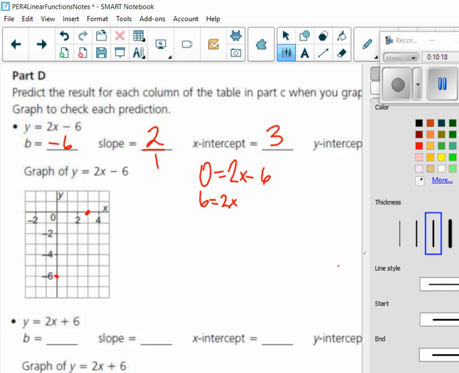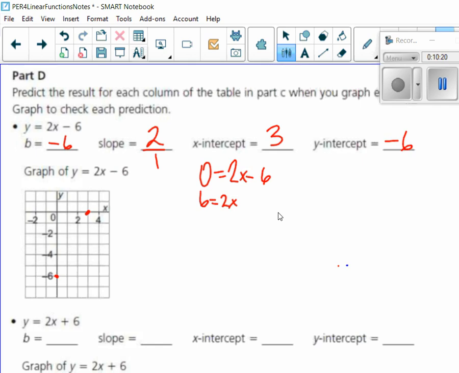I can plot my y-intercept, which is -6, and then go up 2 over 1. Do you see it's going to be the same line? Either way, I get the same line when I graph it, yes? So it's your choice unless it says you need to graph it a certain way. Okay? Let's move on here.